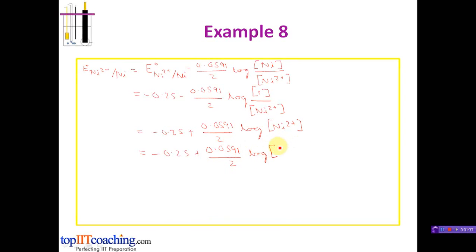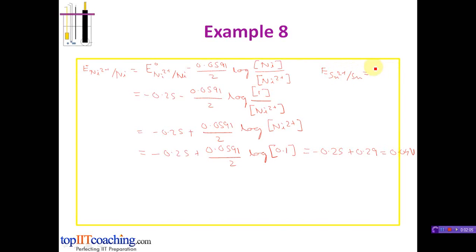Minus 0.25 plus 0.0591 divided by 2 log, the concentration is given to us, that is the value is 0.1. On solving this part, we'll get minus 0.25 plus 0.29 is equal to 0.04 volt.